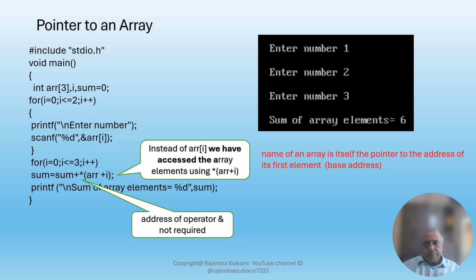What we must keep in mind is that the name of an array is itself the pointer to the address of its first element, or base address. In short, the array name is assigned the address of the 0th element, the base address of the array.